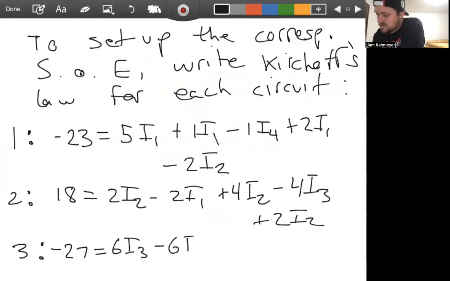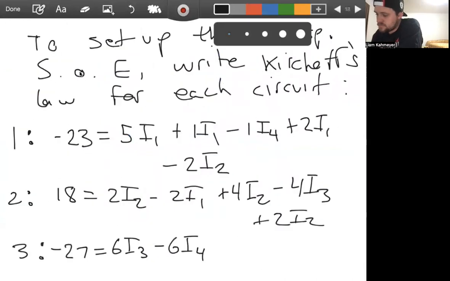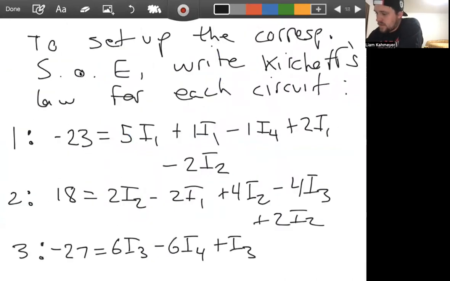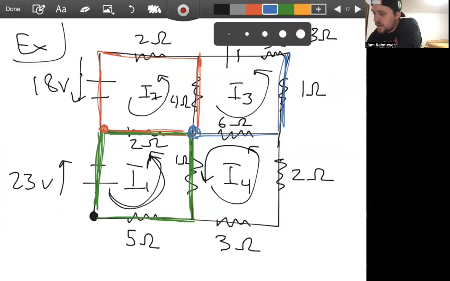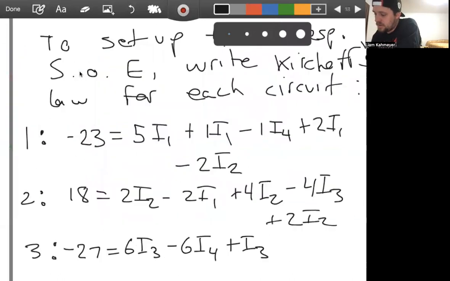6I3 minus 6I4. Then we're going up, which will be plus I3. I apologize for the back and forth here. And then we have 3 ohms there, so it's going to be plus 3I3.